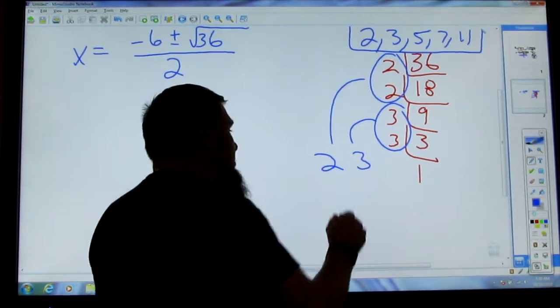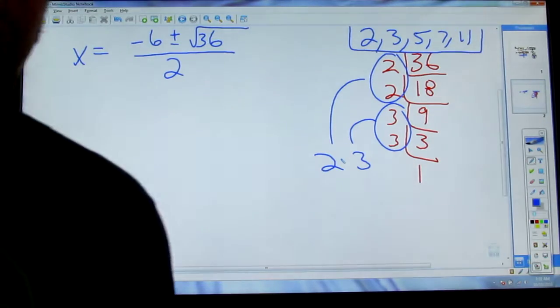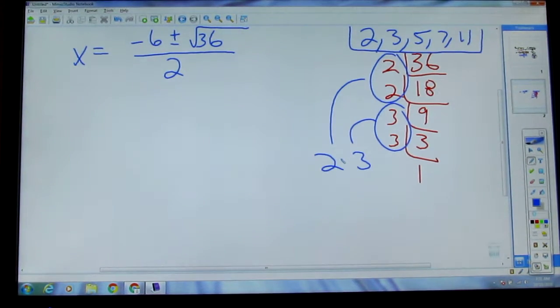Most schools do not teach it because all they teach it for is prime factorization. Okay? But I use it in how I teach all my factoring. Okay? All my GCF factoring. Which goes from here, in this little place, to finding square roots, to finding cube roots, to finding the power of 3/8, to being able to do trig.